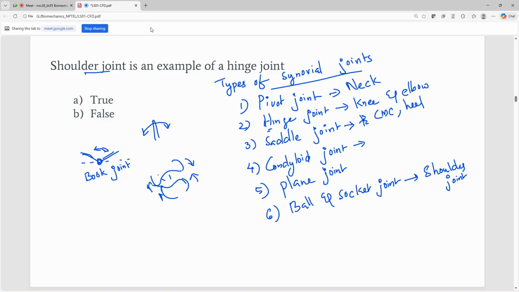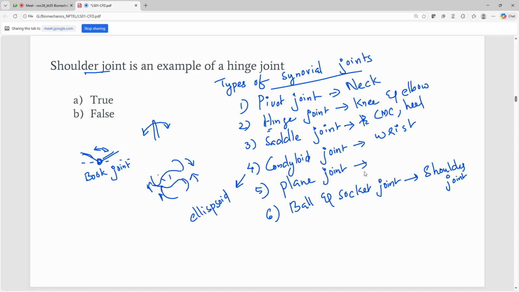Okay, wrist is an example for condyloid joint. This also has another name, ellipsoid joint, because the rotation plane of the movement creates an ellipsoid. So that's why it's called ellipsoid joint. And these condyloid joints, if you see, provide motion in two planes.